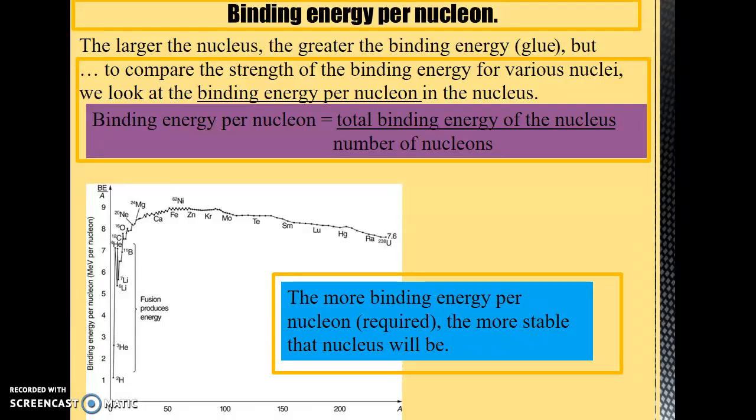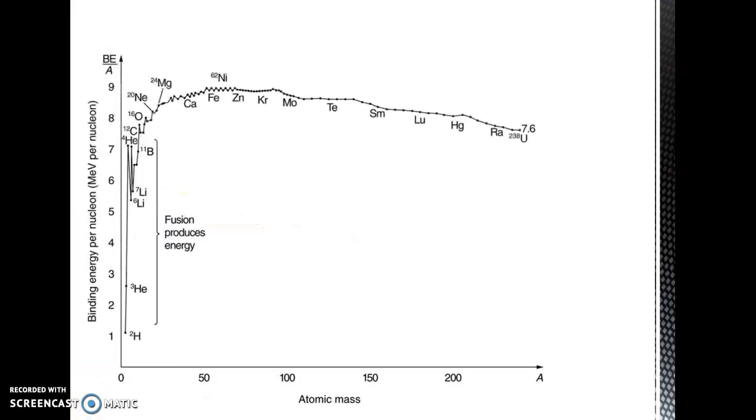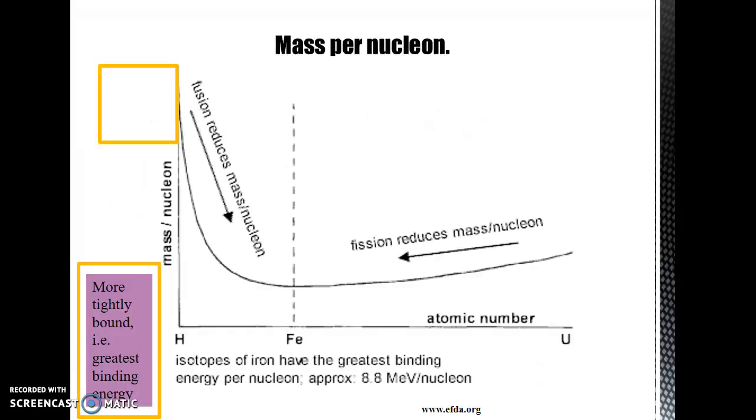So the more binding energy per nucleon there is, the more stable the nucleus will be. So which is the most stable nucleus? Iron. So paste that one into your notes. I'll give it to you in class. Then looking at the mass per nucleon graph, I will give you this graph as well in class to paste in.